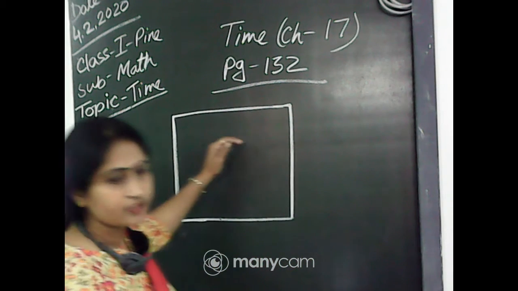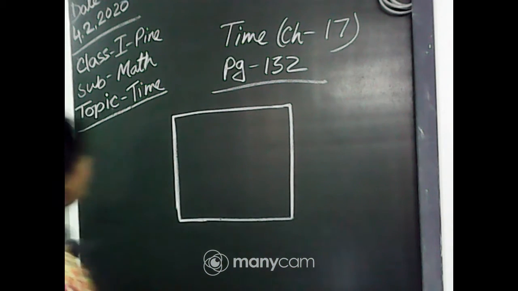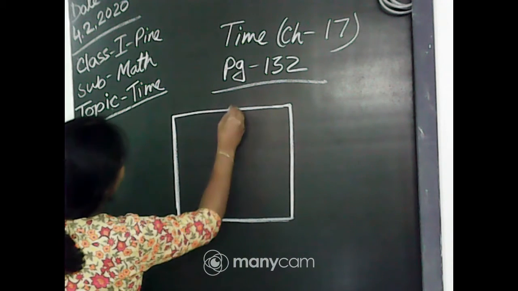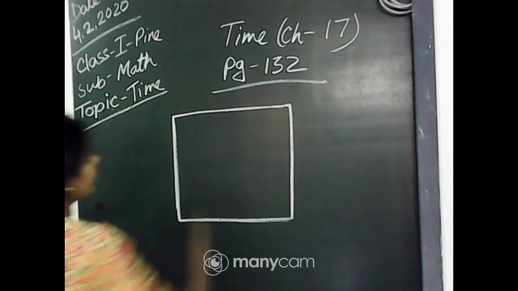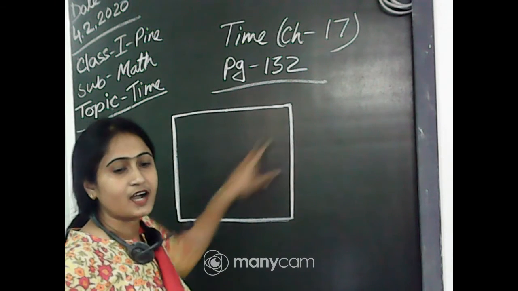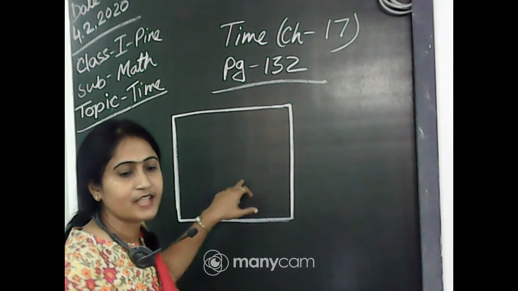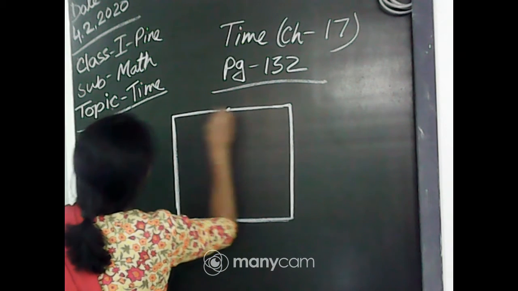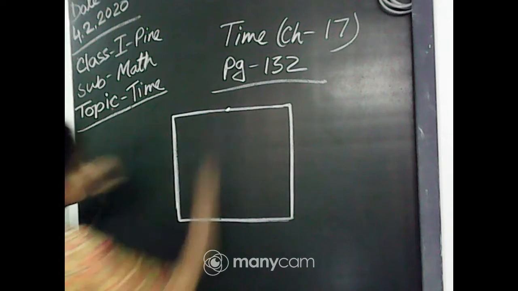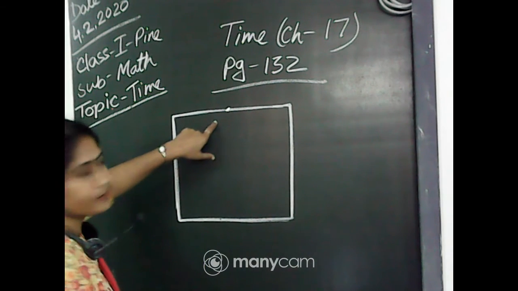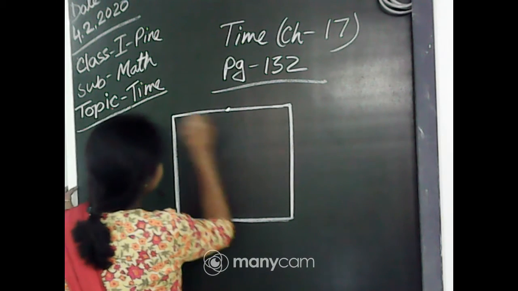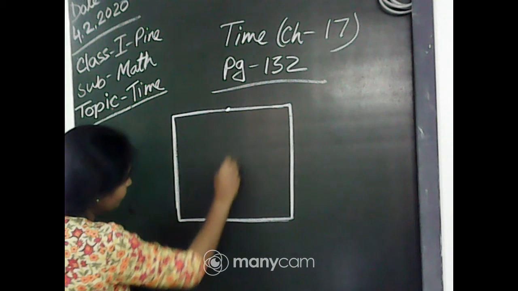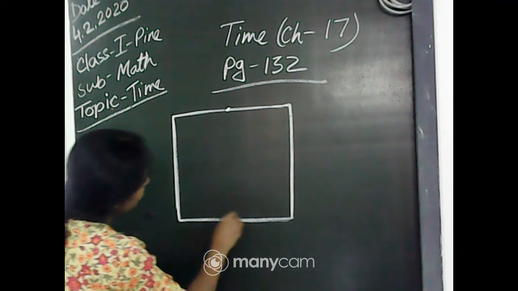Draw a square and give a point. In a square all the sides are the same. In the middle of this side, just give a point, and just opposite give a point.